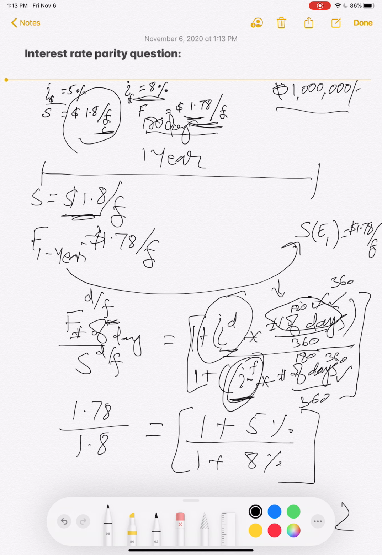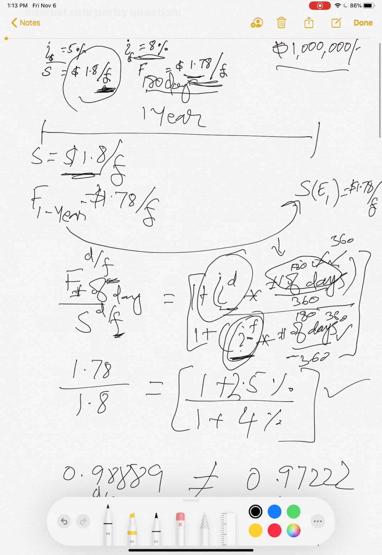And over here, for the foreign currency, the pound, 8% multiplied by 0.5 gives you 4%. So these become 2.5% and 4% for 180 days, and accordingly you do the calculation from here onwards.